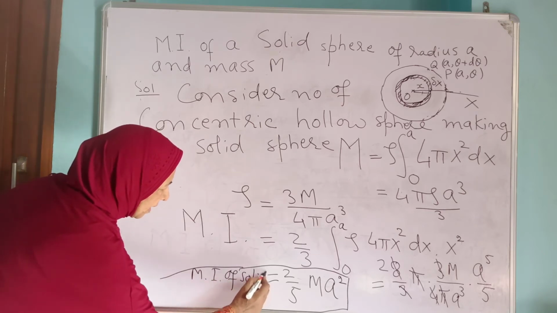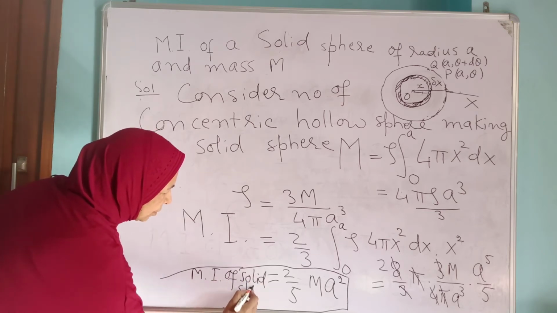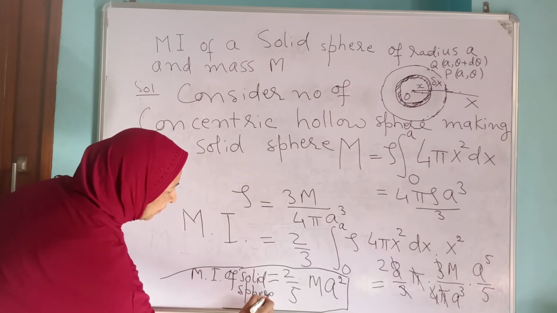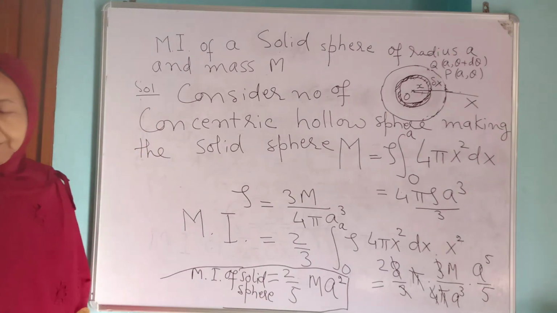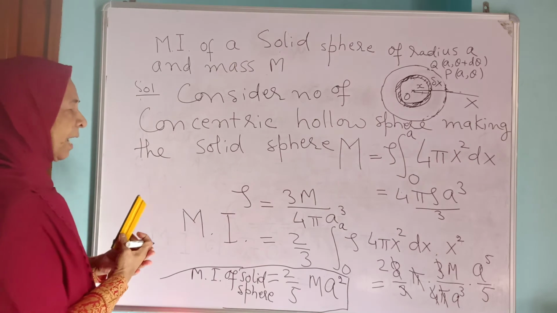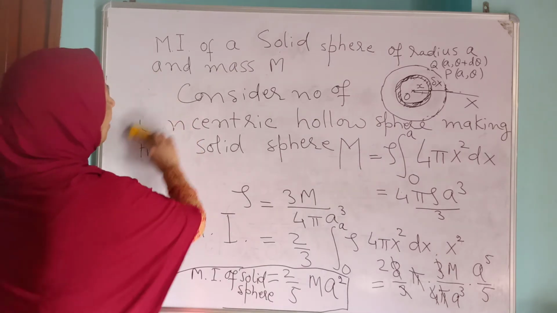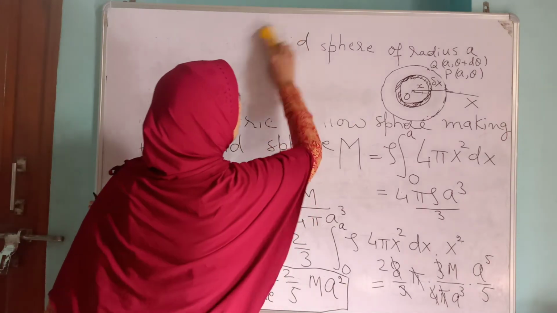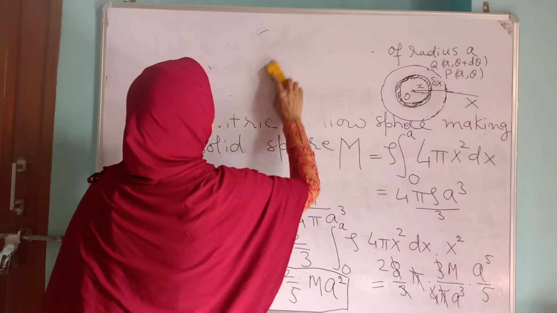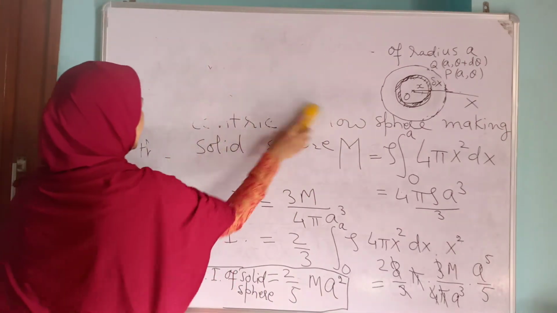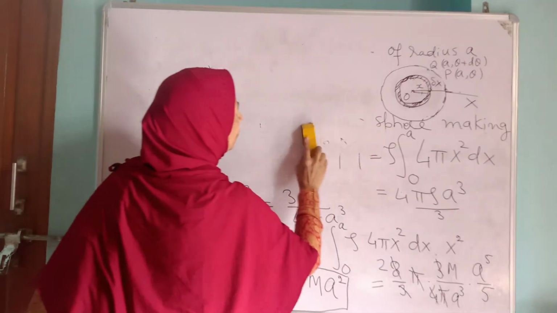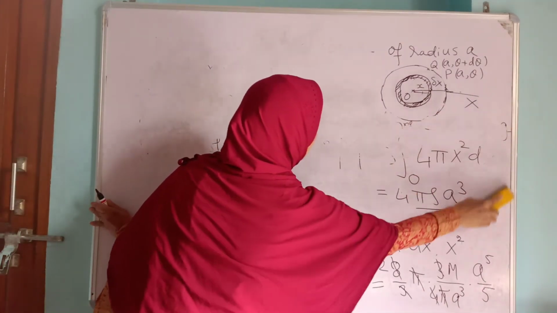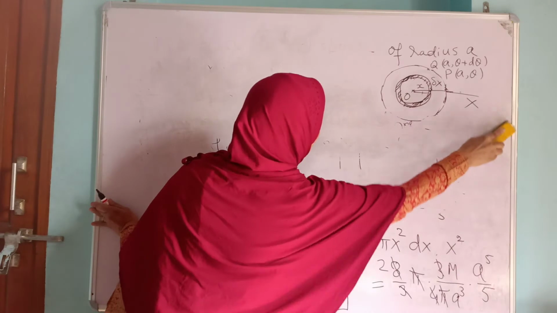Now, I want to give you a thought. You have done so many cases. Almost we have taken a variety of cases: cases of 1 dimension, 2 dimensions, 3 dimensions.